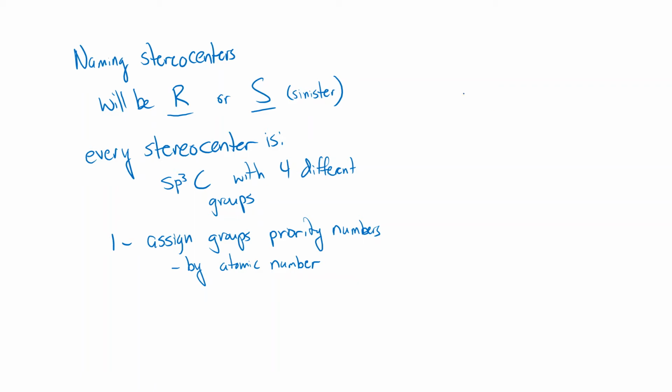So if we have a stereocenter, I'm just going to do a really quick example. I'm going to do a stereocenter that has a bromine, a fluorine, an oxygen, and a carbon. So this here is our stereocenter. It's an sp3 carbon. It's got 4 different groups attached. This carbon right here in the middle is our stereocenter.